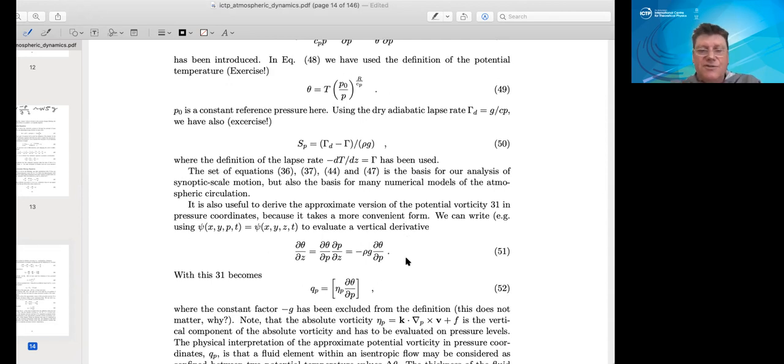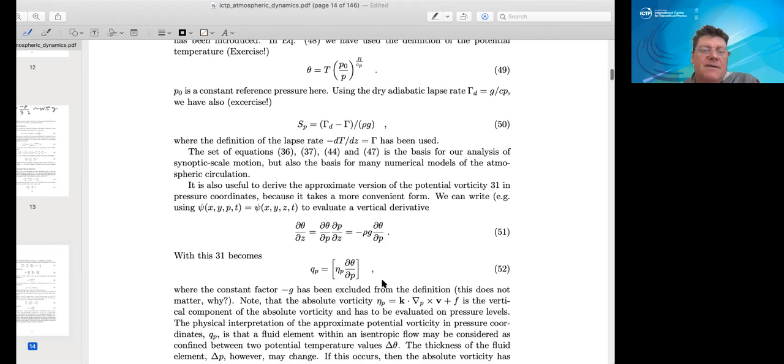We can also transform the potential vorticity now, just for consistency, let's say, into the pressure coordinate system. Remember that the potential vorticity was proportional to the vertical gradient of the potential temperature, which then can be expressed using the hydrostatic equation as this.